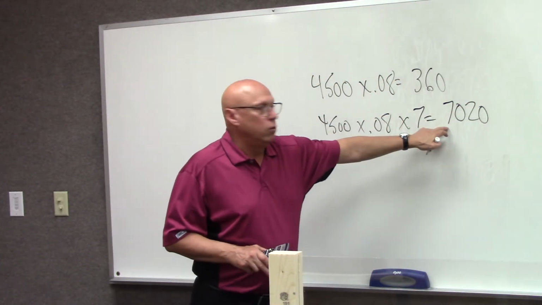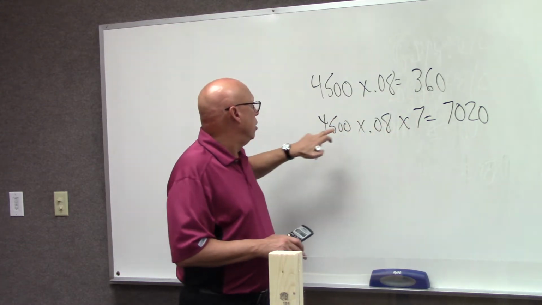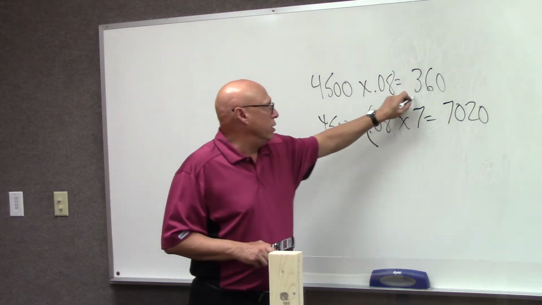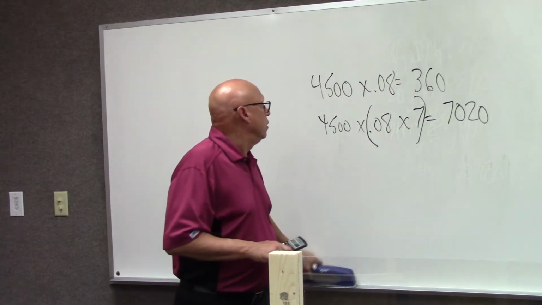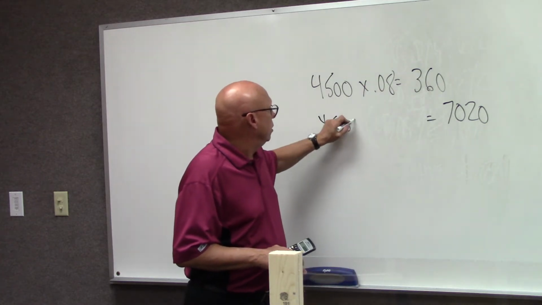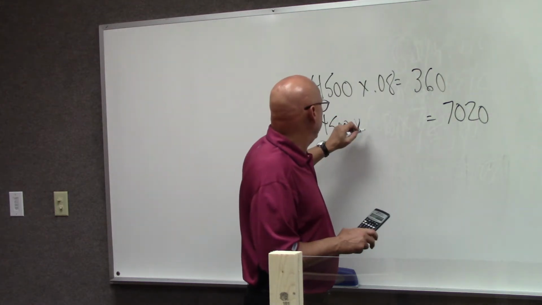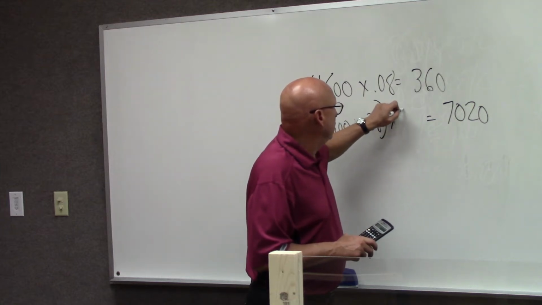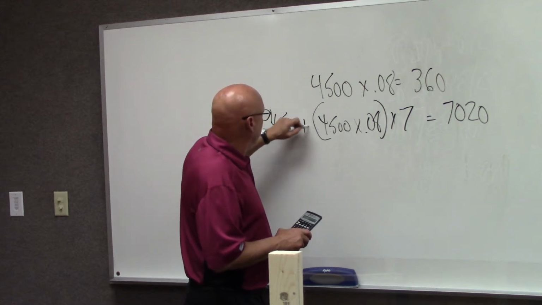That's your ending amount. That's $360 a year times 7 years plus the 4,500. Okay? So you're actually doing this first, and I'm sorry, it's not 40. Whoops. Let me get this right. 4,500 times 0.08 times 7, and it's 4,500 plus this amount.